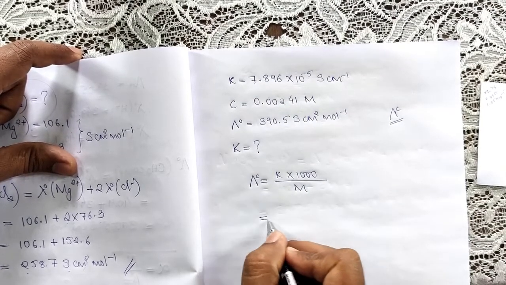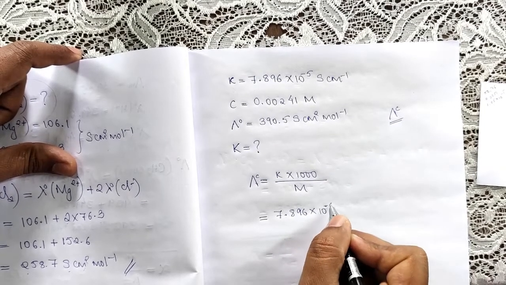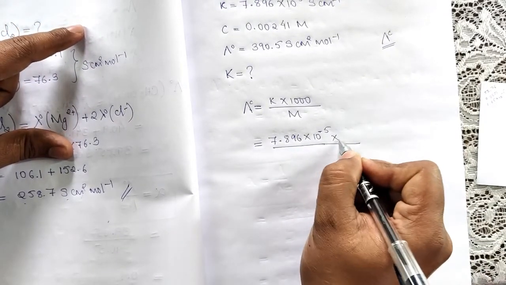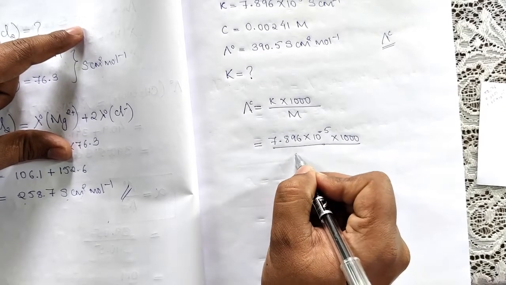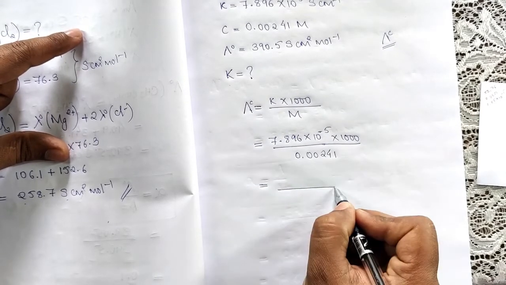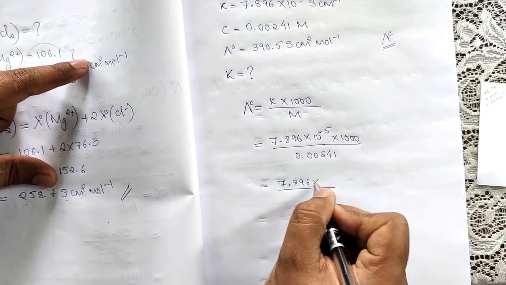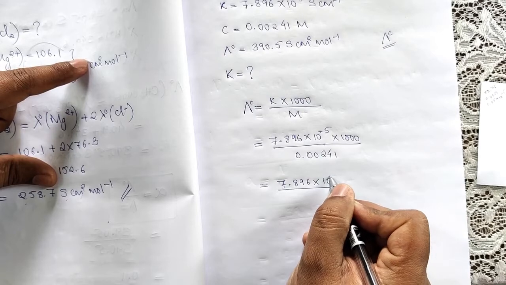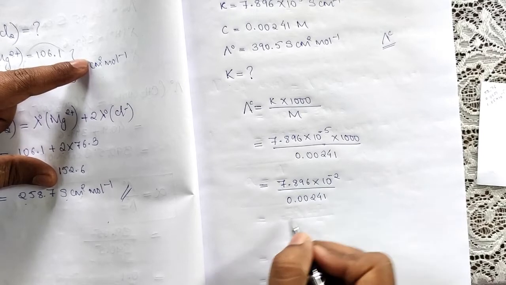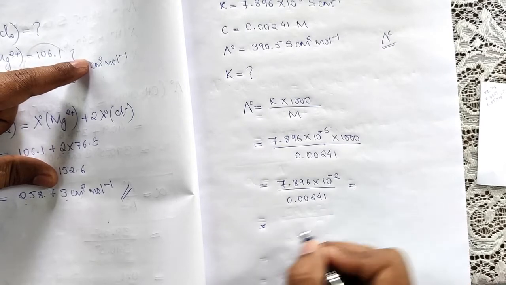Kappa is 7.896 into 10 to the power minus 5, multiplied by 1000, divided by 0.00241. If you calculate this one, you shall get 32.76.